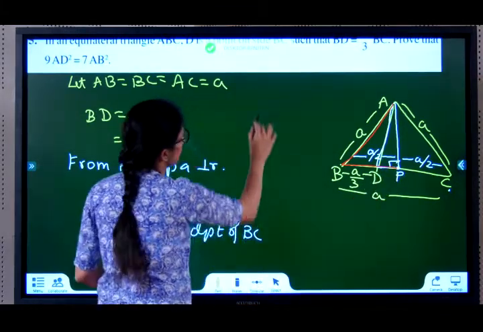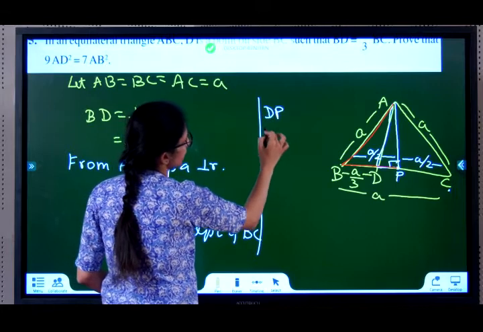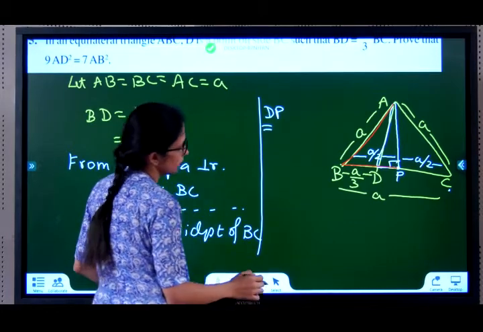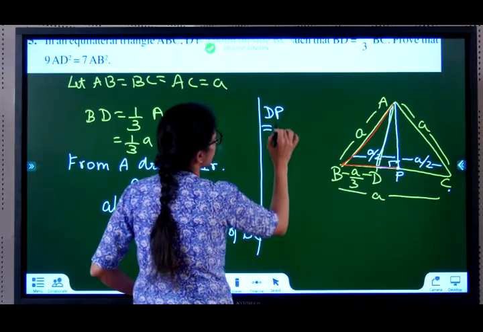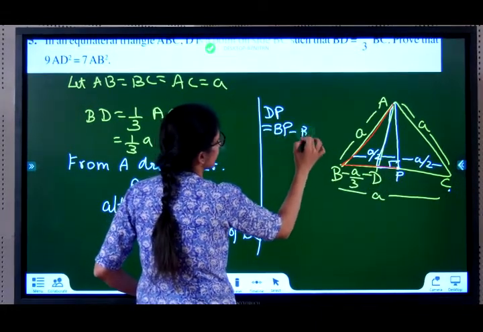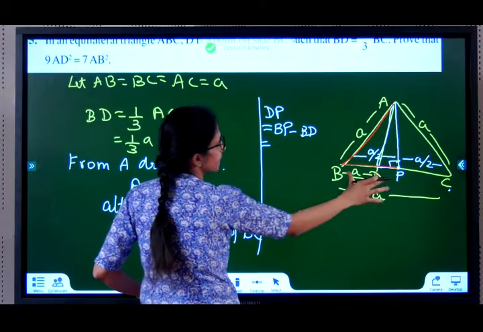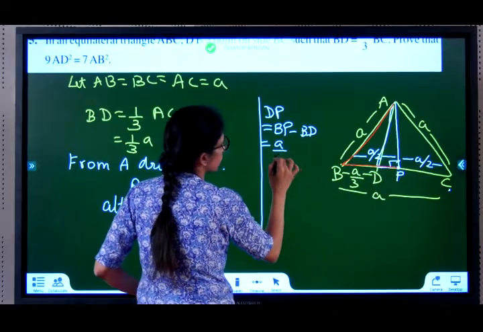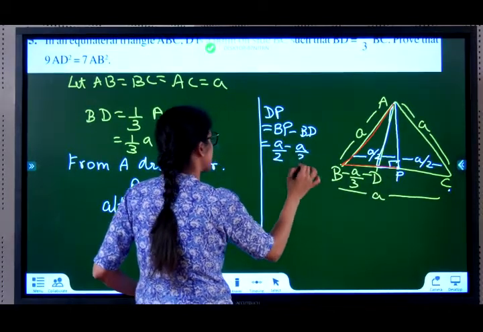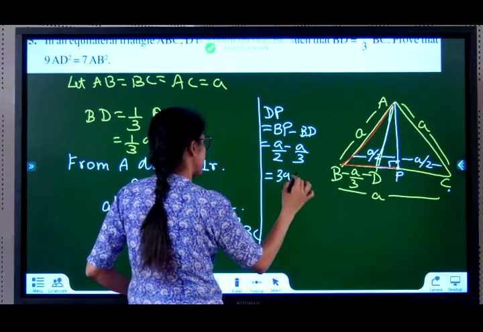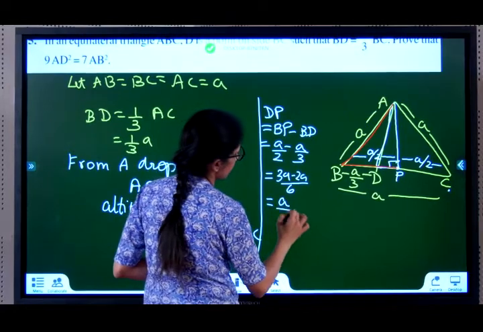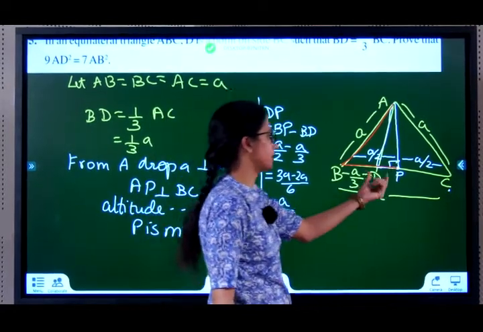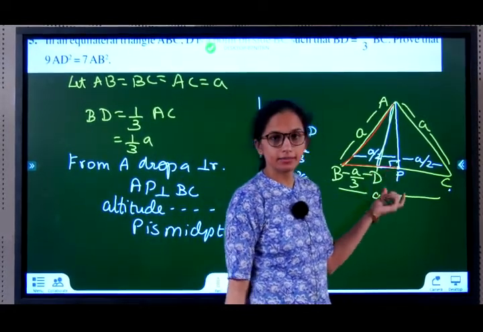Can I say DP is equal to BP minus BD? Yes, I can. What is BP? A by 2. What is BD? A by 3. So this becomes 3A minus 2A by 6, A by 6. So the small part here is A by 6.